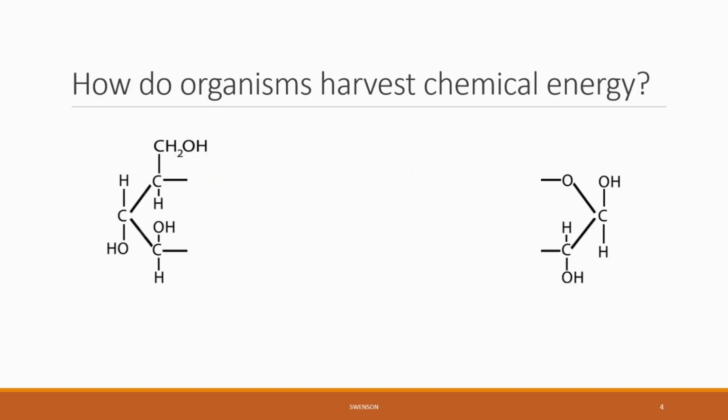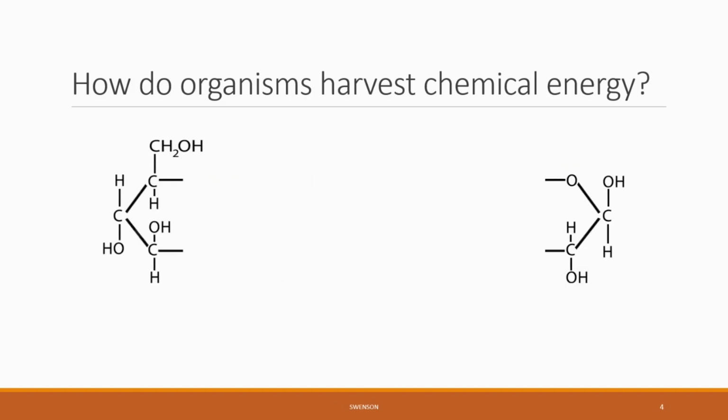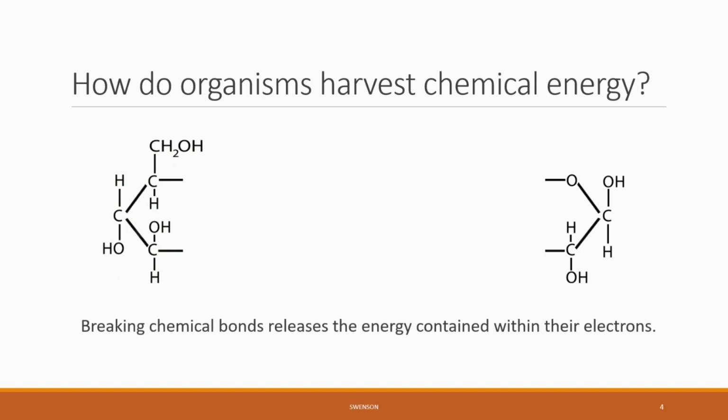Keep in mind that not all chemical bonds have the same amount of energy as others. For example, carbon-hydrogen bonds release more energy when broken than their carbon-carbon or carbon-oxygen counterparts. Therefore, the rearrangement of bonds between different atoms can release energy that can then be harvested by the cell.